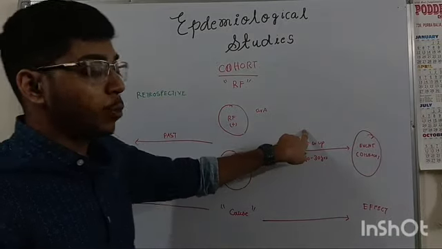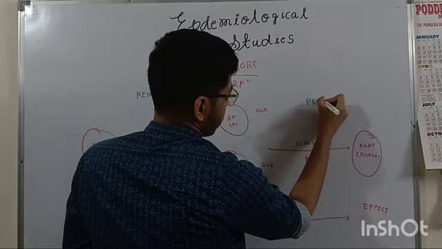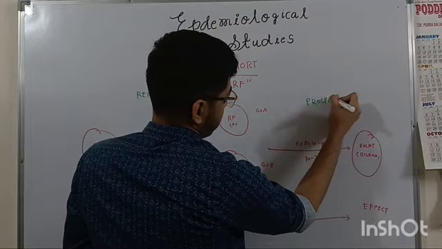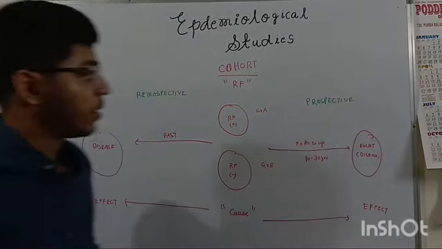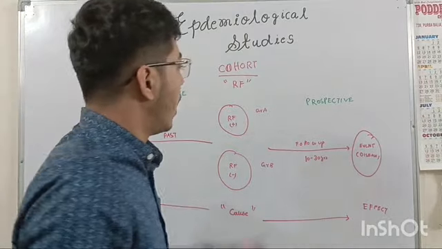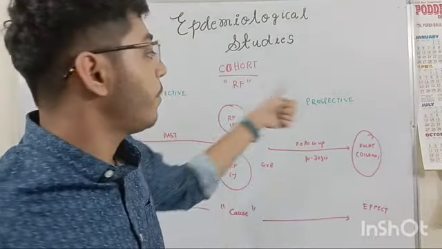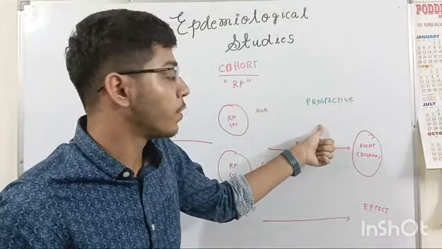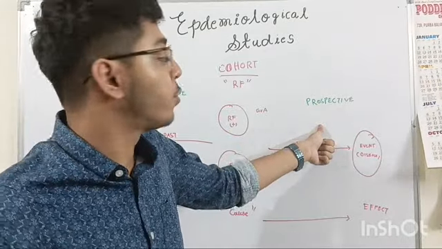And this is prospective cohort. And when we combine both these two, retrospective and prospective, it leads to the formation of another cohort system which is known as ambispective cohort.